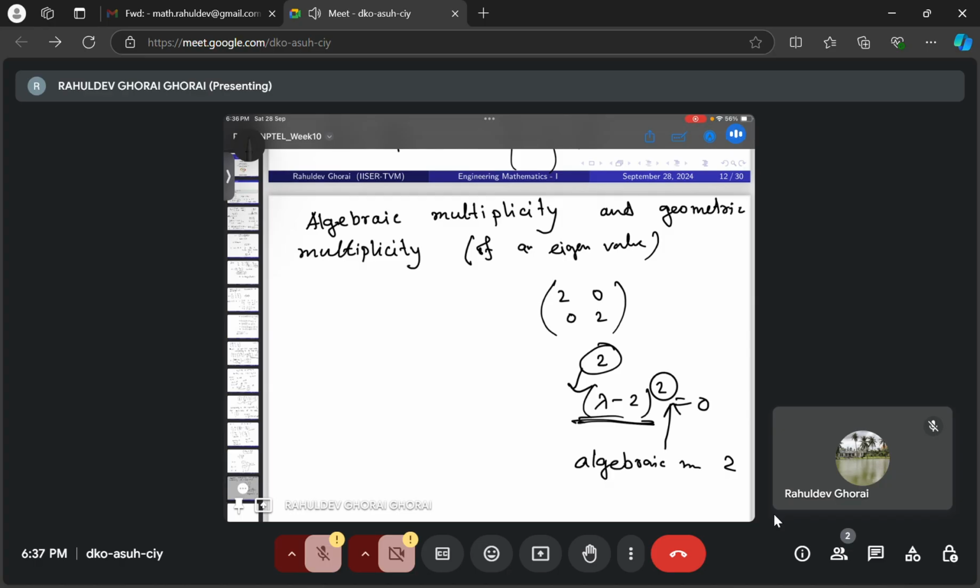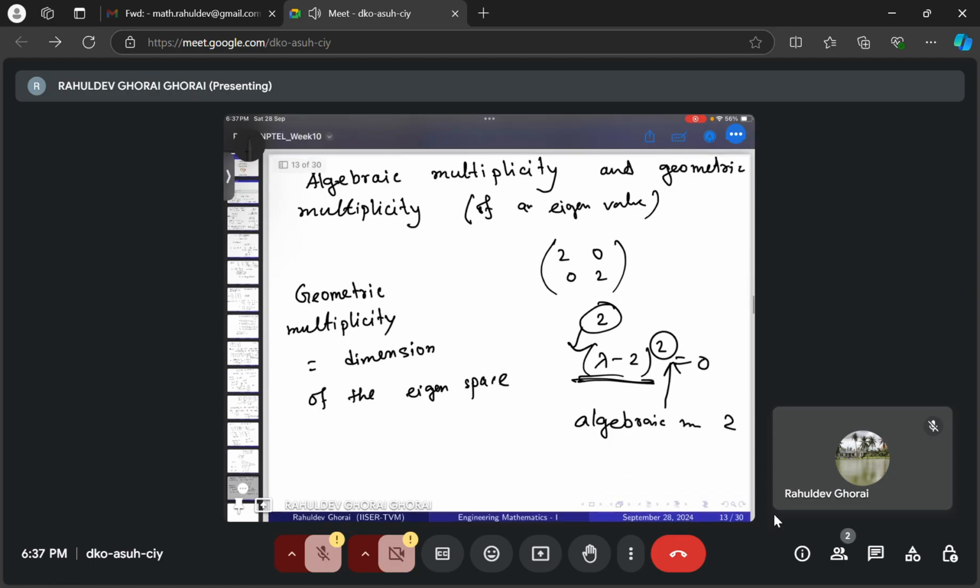So we will see one example where geometric multiplicity is equal to, you can say also, the dimension of the eigenspace corresponding to the eigenvalue.